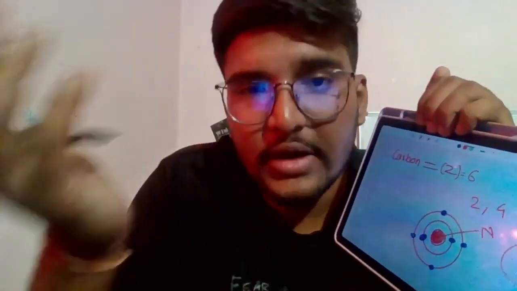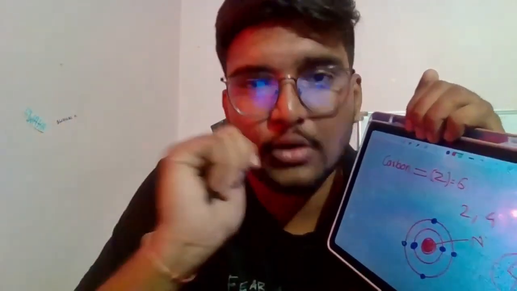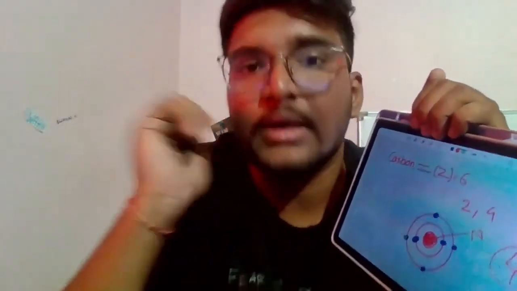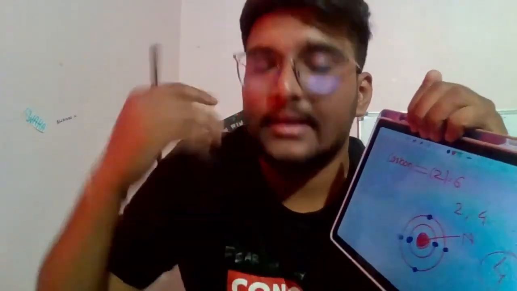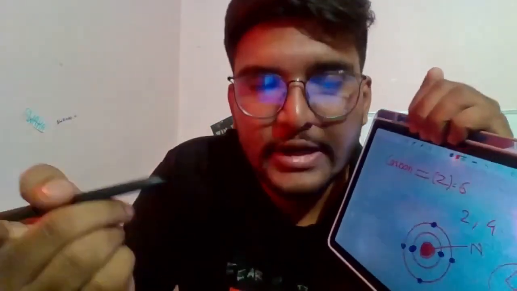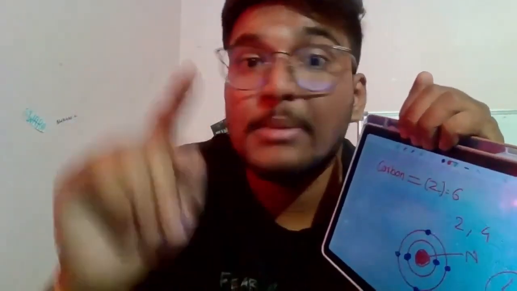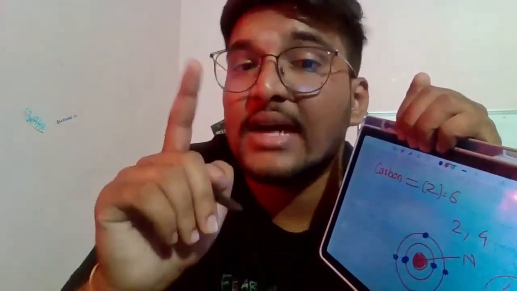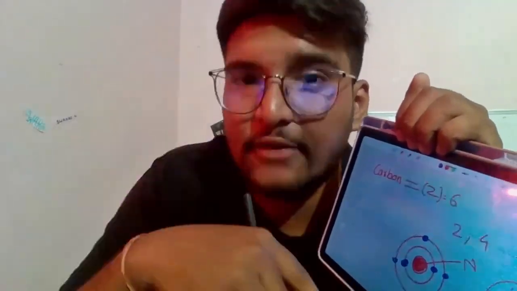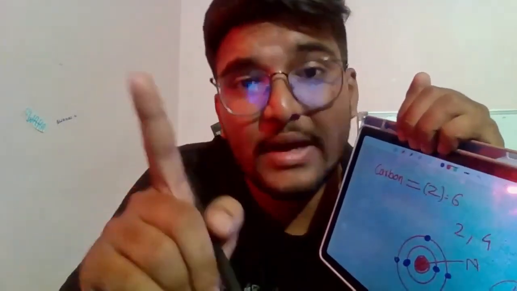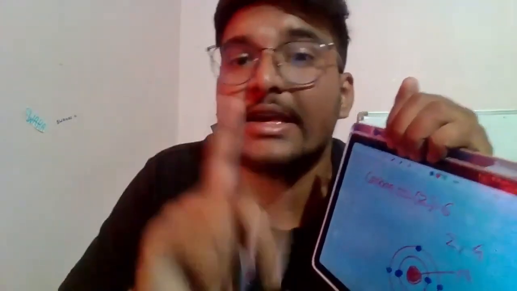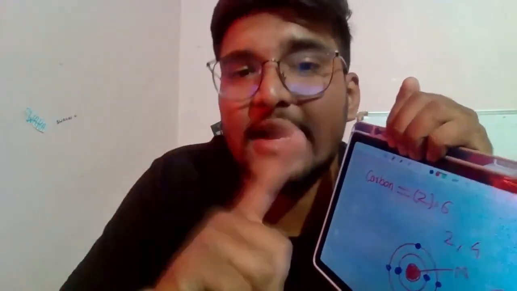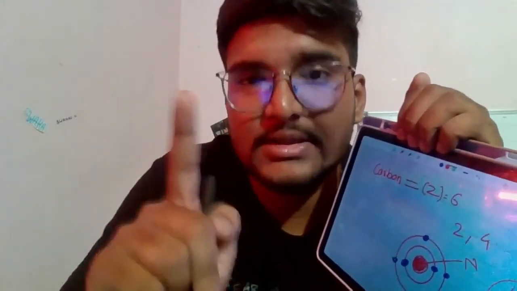From where will carbon get these 4 electrons? From other atoms, obviously. Since the electrons are free, carbon can either give 4 electrons or take 4 electrons, and this is why you see 2 to 3 unique characteristics that are not seen in any other elements. You only see this in carbon.